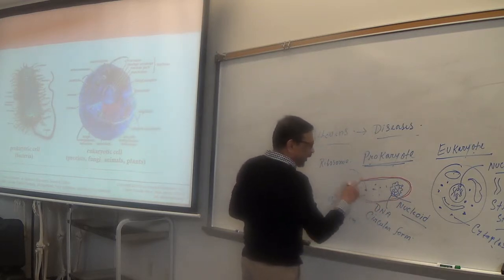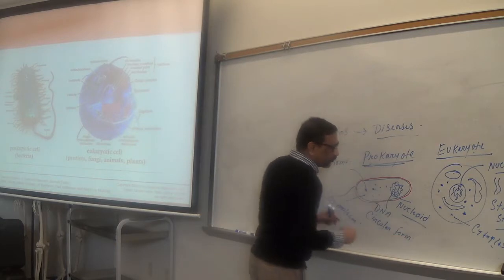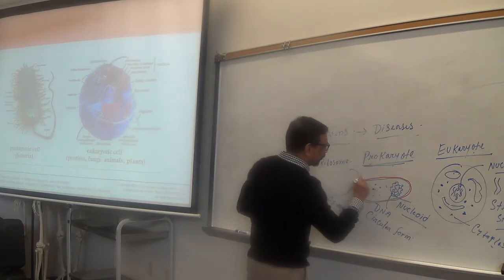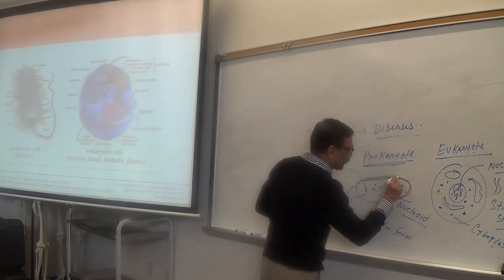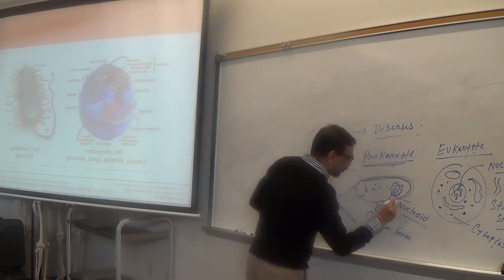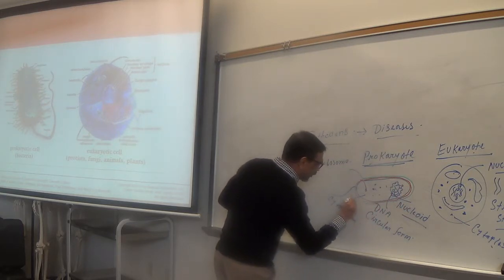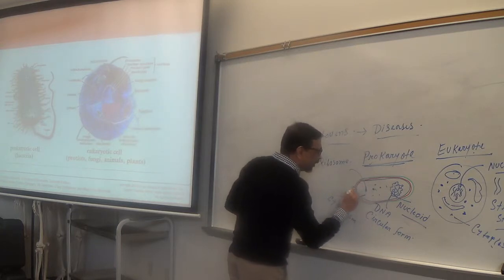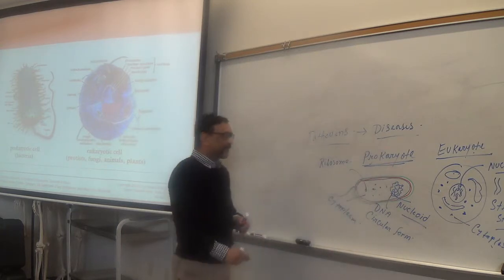You have 3 layers. So, for example, in bacteria, you have 3 layers around the cell.